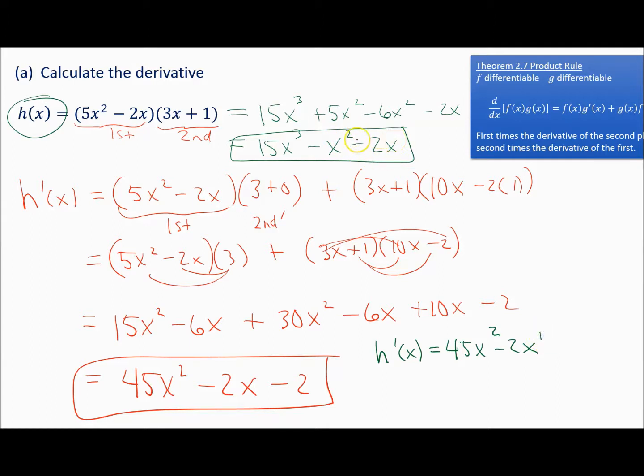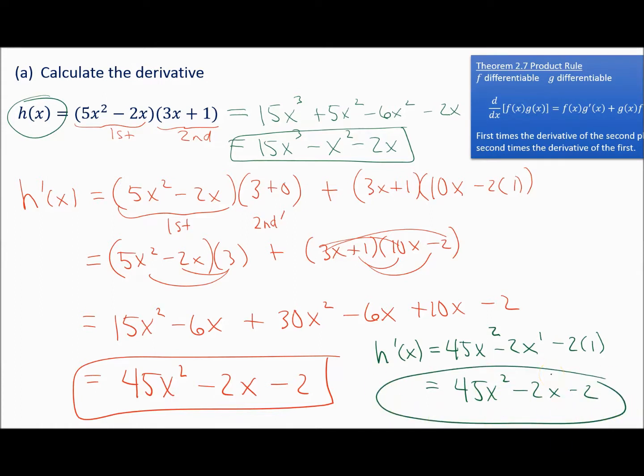And then the derivative of negative 2x, the derivative of the constant multiple, you just jump inside. The derivative of x is 1, so that's minus 2 times 1, also known as 45x squared minus 2x minus 2. Now, it just happens to be that this problem was easier the green way if we multiplied it out first, but I needed to show you how to use the product rule, and I picked the simplest problem I could right off the bat as an example of the product rule.